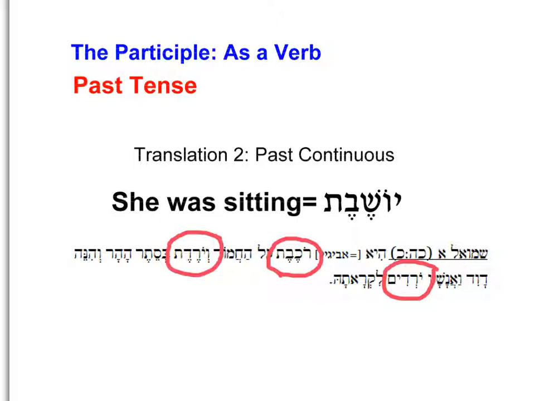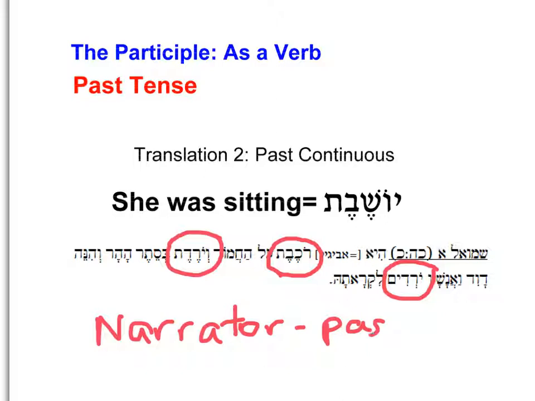In this pasuk, I don't have a speaker. I have a narrator, right? So the narrator tells stories in the past. But it's not just regular past. It's going to be past continuous. So let's do that was, were, ing form, okay?